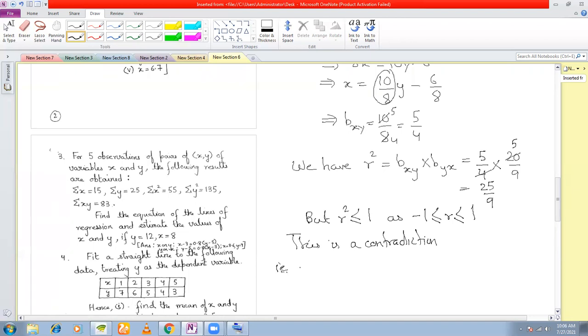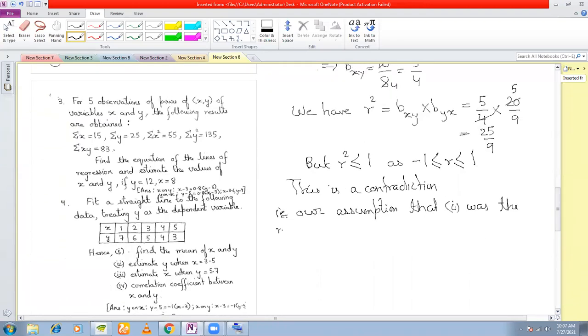That is our assumption that 1 was the regression equation of y on x is wrong.